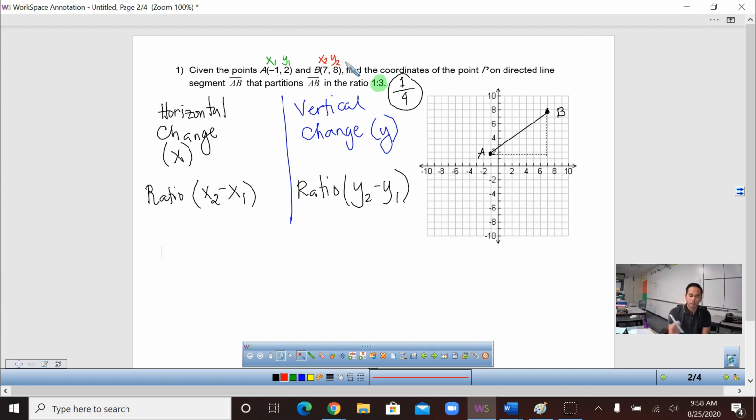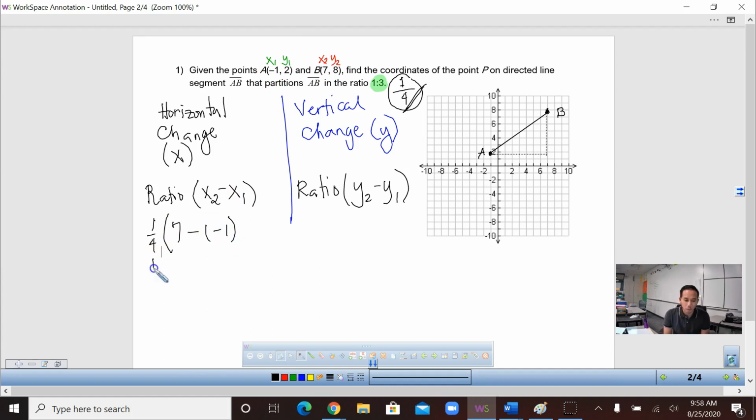All right, I'm trying to fit the x1, y1, x2, and y2. So we just plug that in. So the ratio given will be the fraction that we have. So we have ratio is 1/4. Multiply that by x2, which is 7 minus -1.